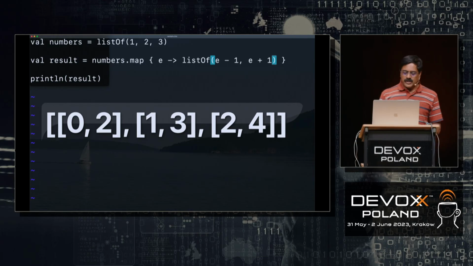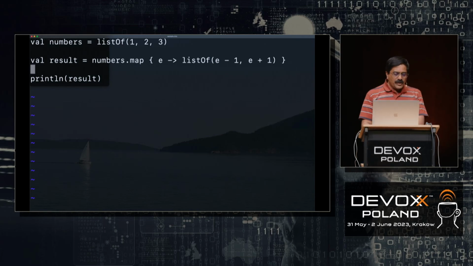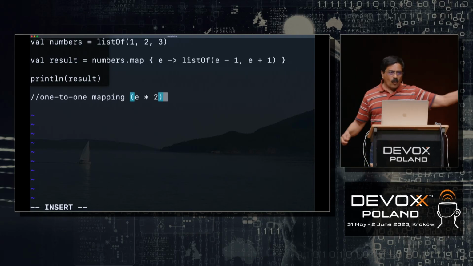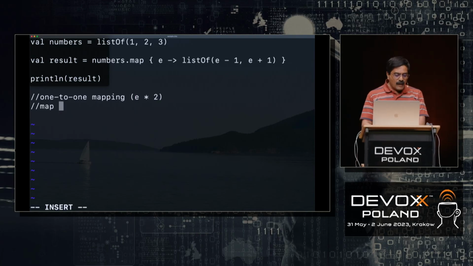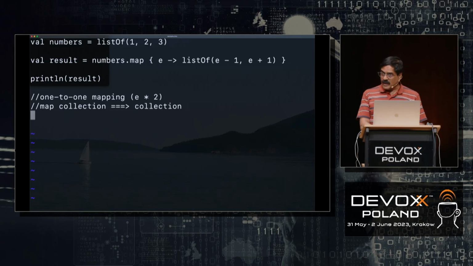So in other words, we're not getting one collection as a result, we're getting a collection of collection as a result. So I want you to think about this in terms of a one-to-one mapping. What I mean by one-to-one is, for example, element times 2. Given one input, you get one output. So when you do a map operation, what happens? You go from a collection all the way to a collection. So that worked remarkably well.